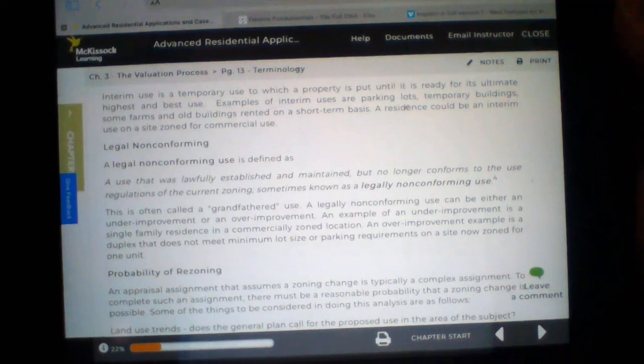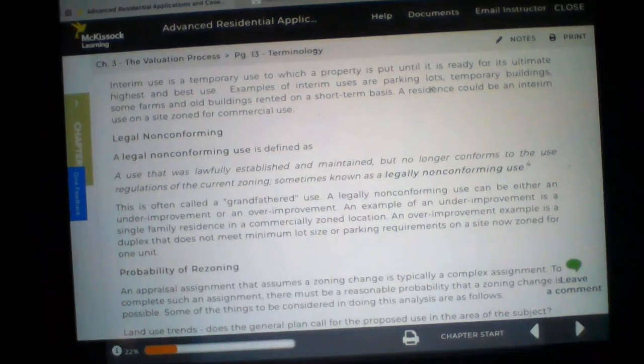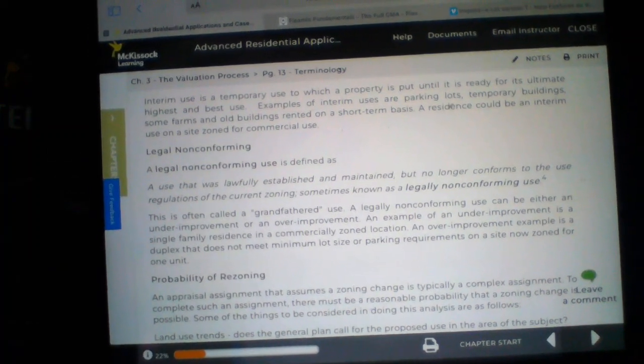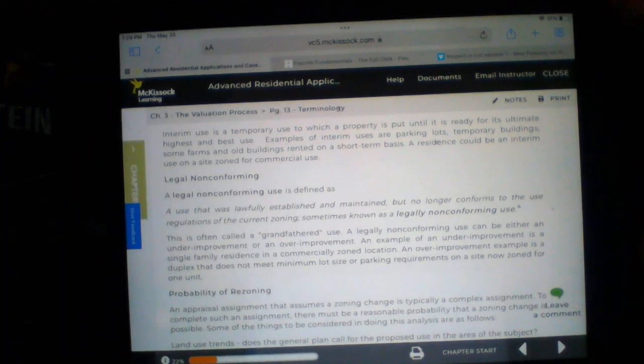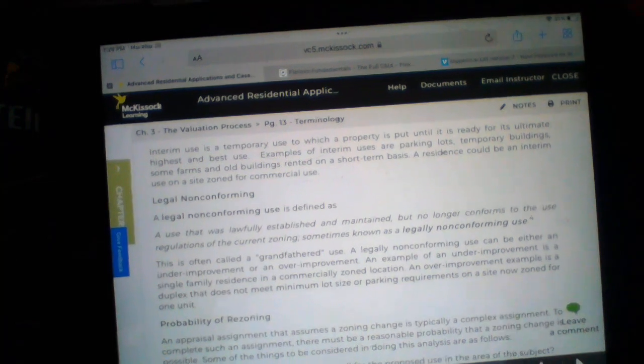Interim use is a temporary use to which a property is put until it is ready for its ultimate highest and best use.